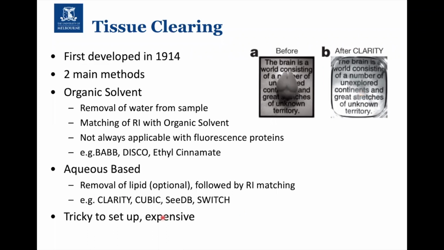The downsides of tissue clearing is, first of all, it can be tricky to set up. The reagents can be very expensive. It can be a very, very long process in terms of actually clearing your samples before you get to the point of imaging. So it's something you want to make sure you really want to get into. It's not something you dip your toe into.